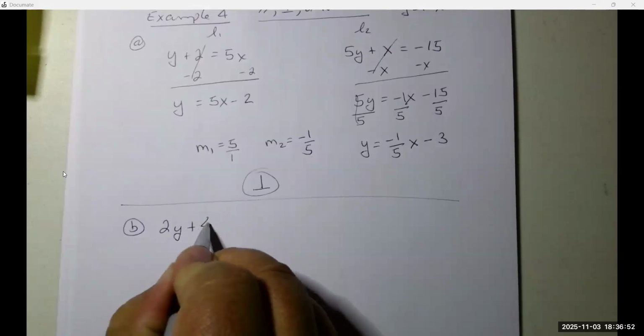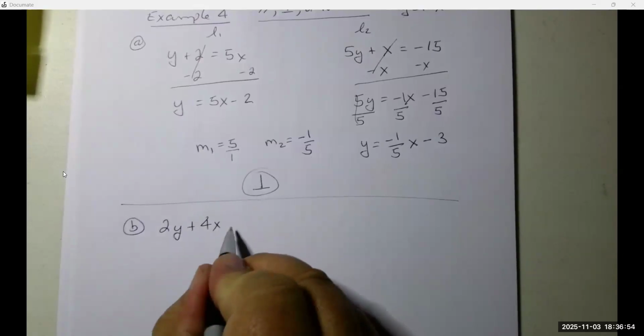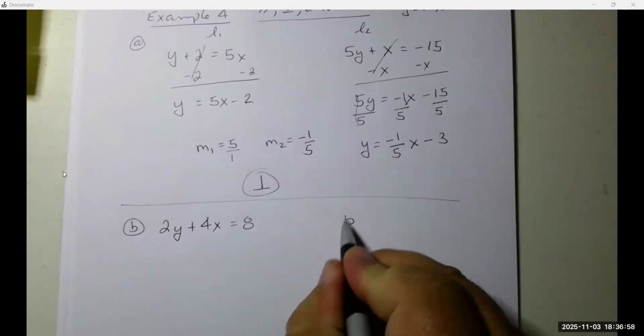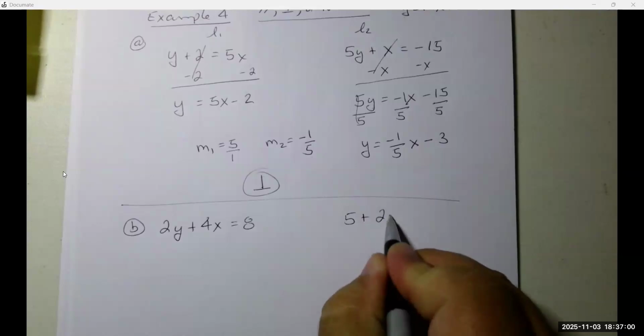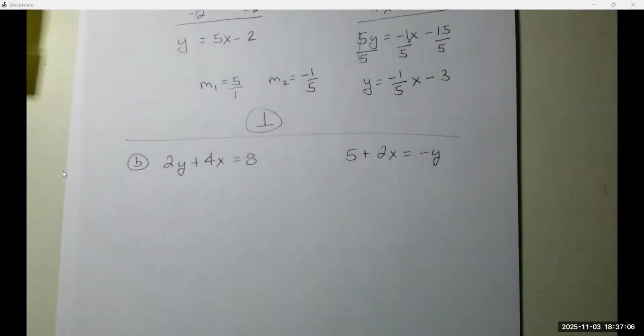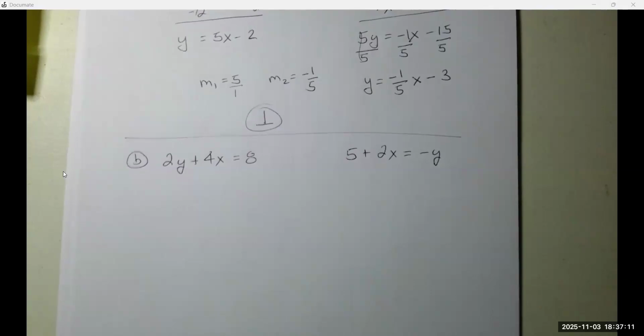2y plus 4x equals 8, and 5 plus 2x equals negative y. Since you're the only one answering, go ahead and walk me through this one, without looking at your notes. Try to do it off the top of your head.